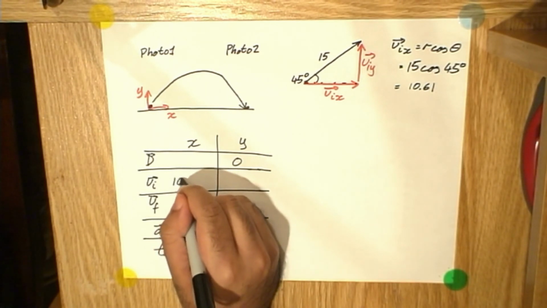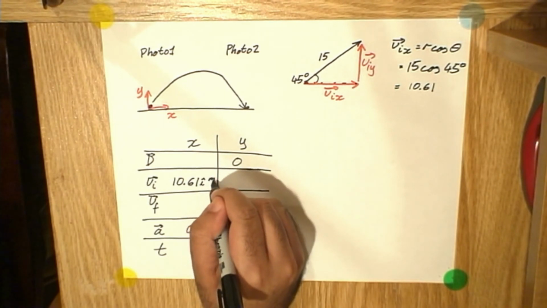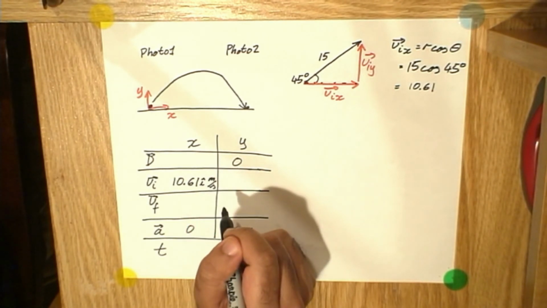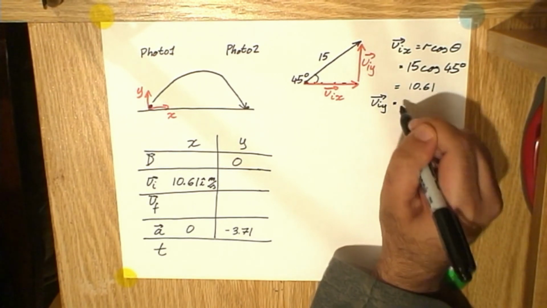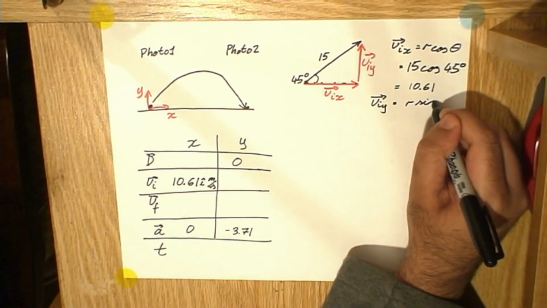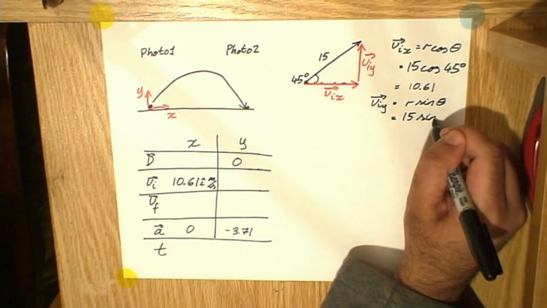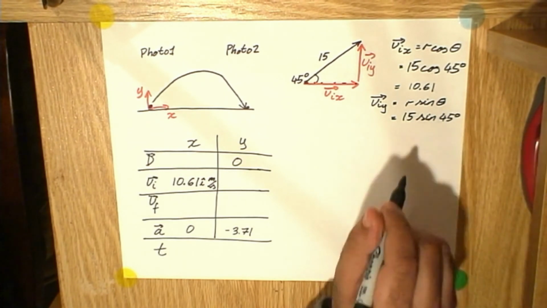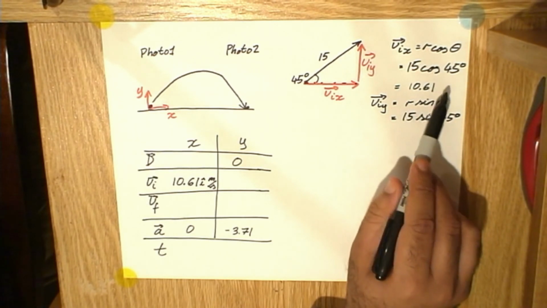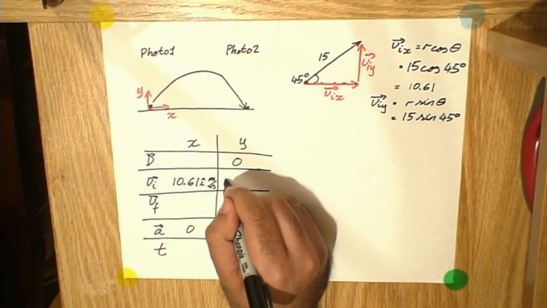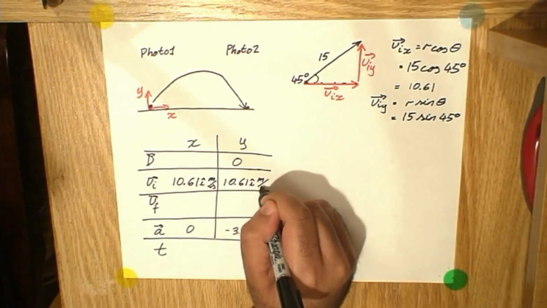So our initial velocity in x direction is 10.61 i hat meters per second. In the y direction, v initial in y would be r sine theta, which would be 15 times the sine of 45 degrees. But it just so happens that the sine of 45 and the cos of 45 are the same thing. So 15 sine 45 is also going to work out to 10.61 j hat meters per second.